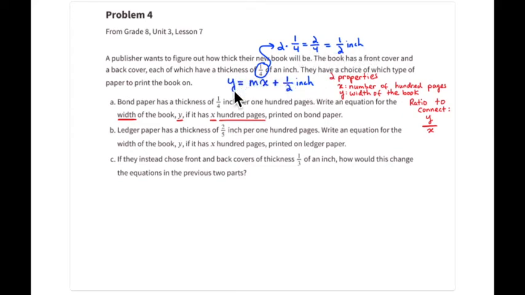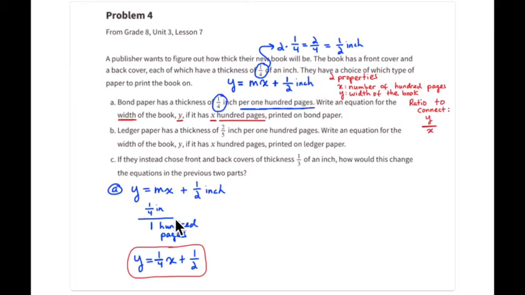So now this is the equation to use. So m is the relationship between the thickness due to the hundreds of pages, but then you have to go back and add the thickness due to the covers. So it's 1/4 for A, it's 1/4 of an inch per 100 pages, plus the front and back covers.